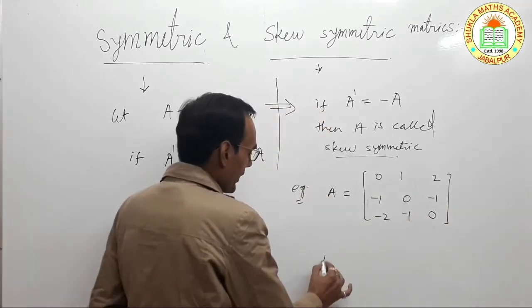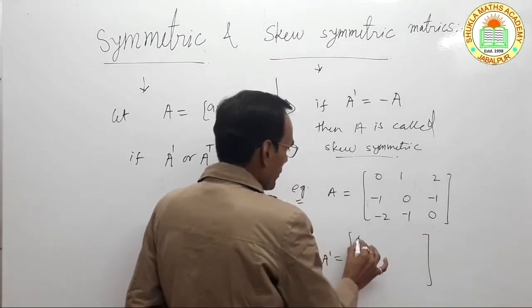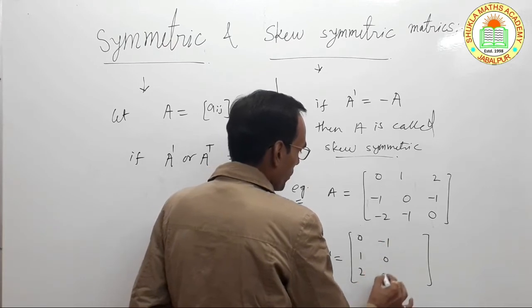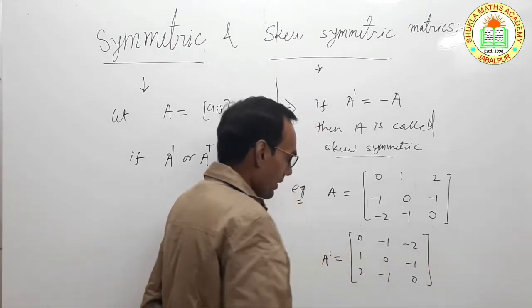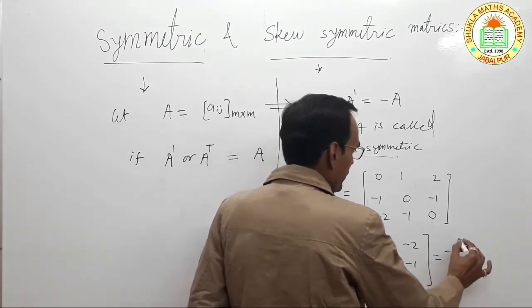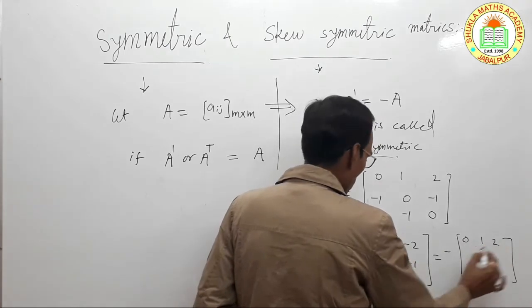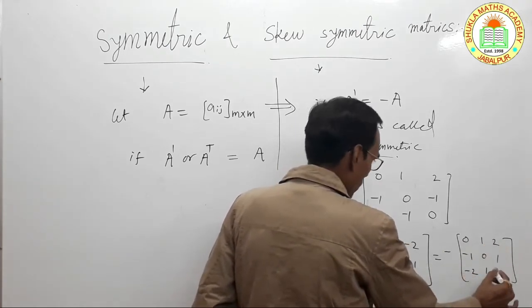Now if we will find the transpose of this matrix, so we get 0 1 2 and minus 1 0 minus 1 and minus 2 minus 1 and 0. And now take the minuses common in this matrix, so we get 0 1 2 minus 1 0 and 1 and minus 2, 1 and 0.